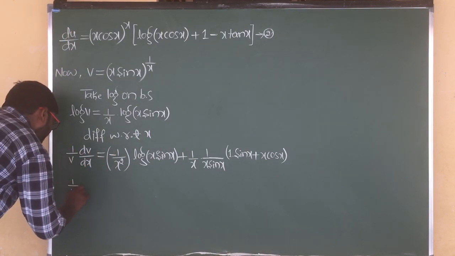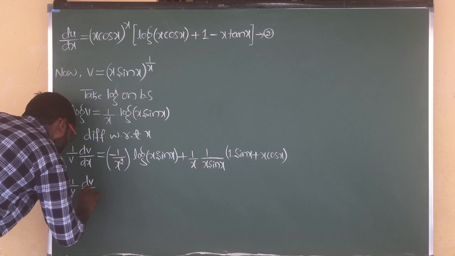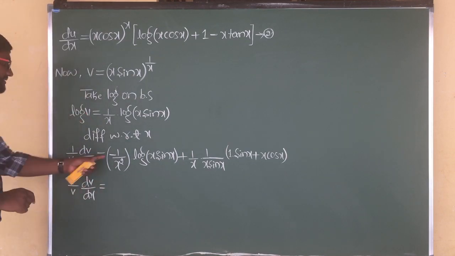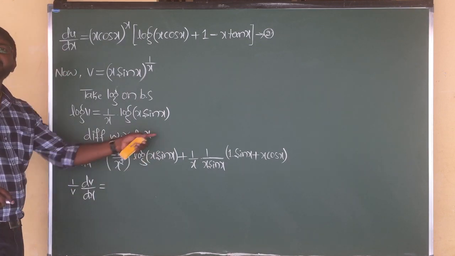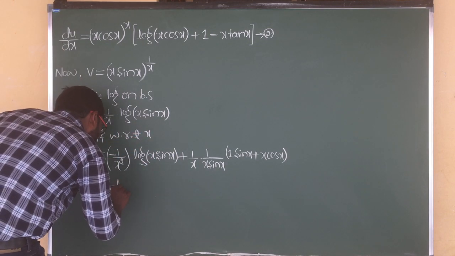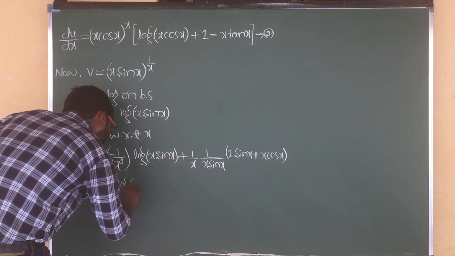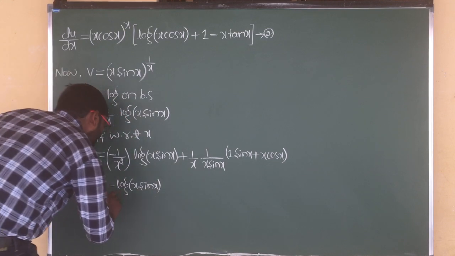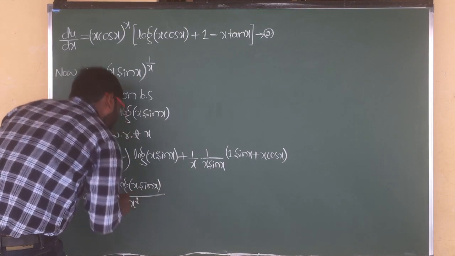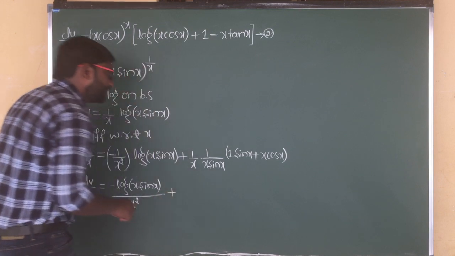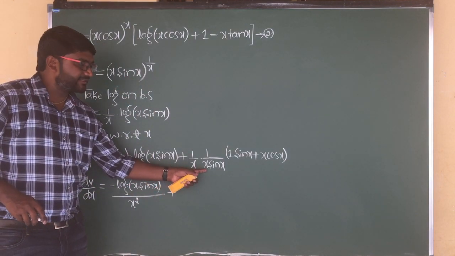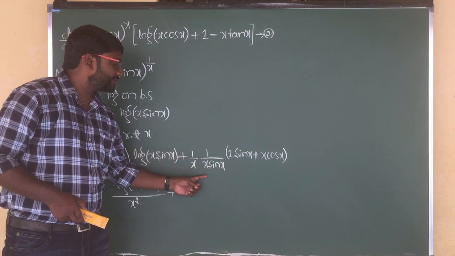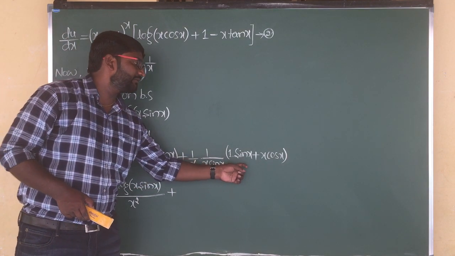1 by v dv by dx, which is equal to, now minus 1 into log of x sin x will give us minus log of x sin x divided by x square, plus, now see here, x into x is x square, and here it is sin x. So 1 by x square sin x will be multiplied with both the terms.